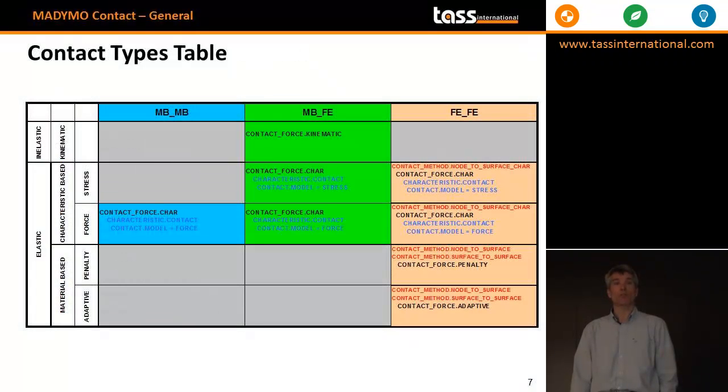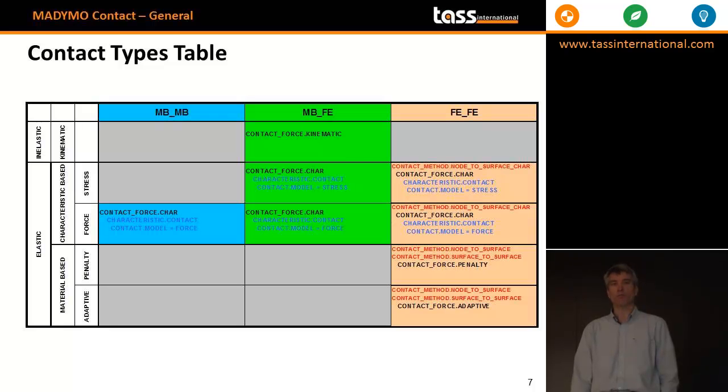Now let's go to the last slide. Here you see a table with again the three subclasses MB-MB, MB-FE and FE-FE. On the vertical you see a difference between elastic and inelastic, and also characteristic based or material based.